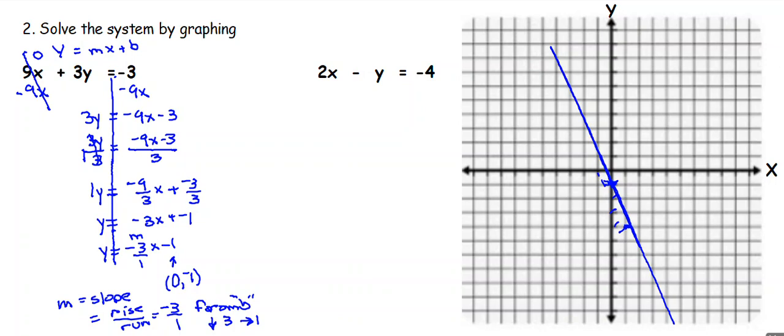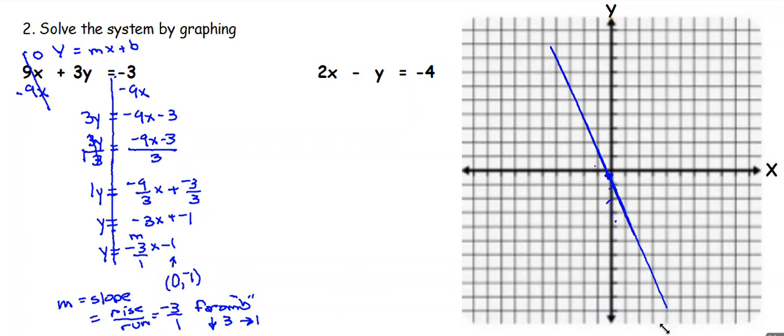I will tell you what though, you want to get that line as close to perfect as you can, because your answer will only be as accurate as your drawing of the line is. So there was our b, and we went down 3, 1, 2, 3, and over 1. So I can tell right now we're going to be off just a little bit. We need to adjust this line just a little bit.